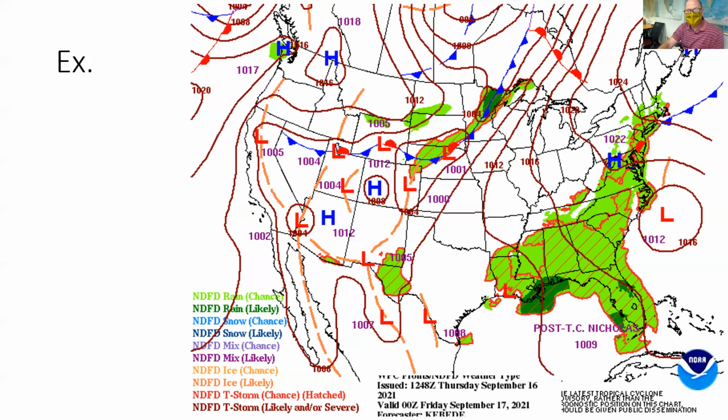There are lots of lines here, but fronts are typically measured in blue lines and red lines. Here's another cold and warm front. Here's another front line, and another front line.